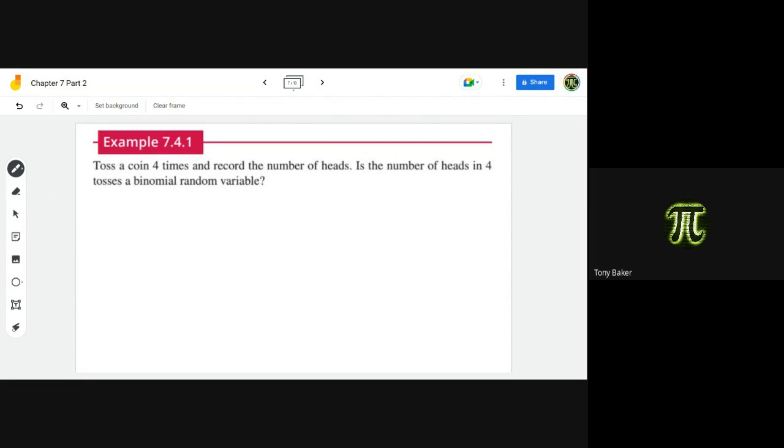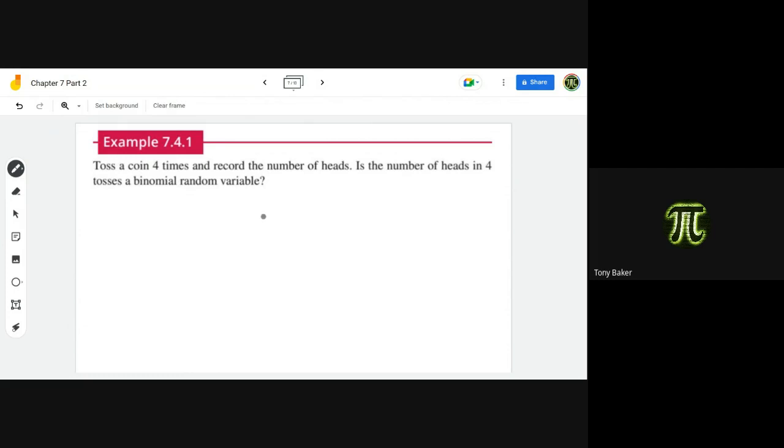Yes. Okay, I have the success is what? Heads, failure is tails. So, okay, so I have that. All right. I'm doing it 4 times. It is a similar experiment each time. So this meets that binomial random variable thing.